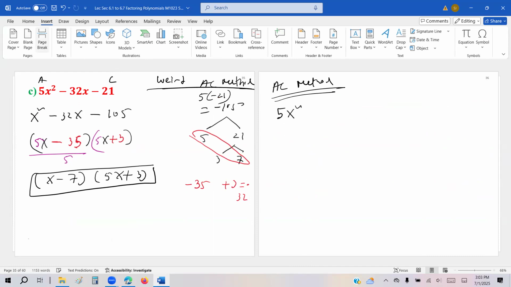We have 5x squared minus 32x minus 21. So we keep 5x squared, we keep minus 21. AC means 5 times negative 21. We still have the same problem. It's a big number, so you still have to split 5 and negative 21. And then we have 3 and 7.